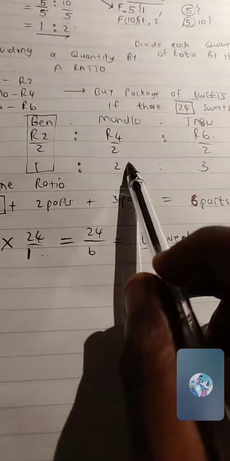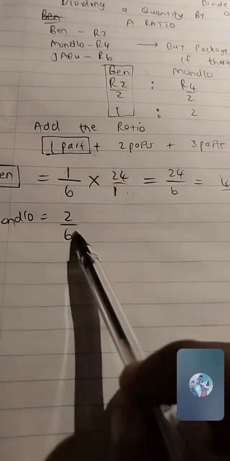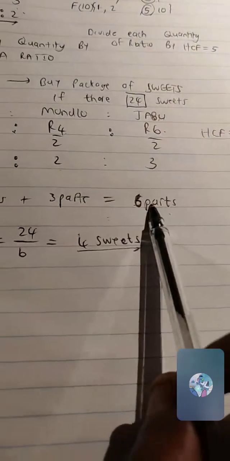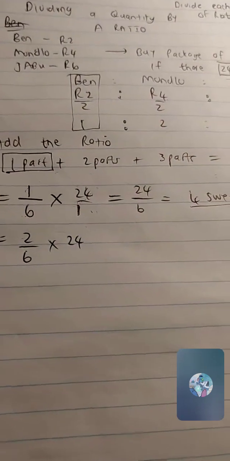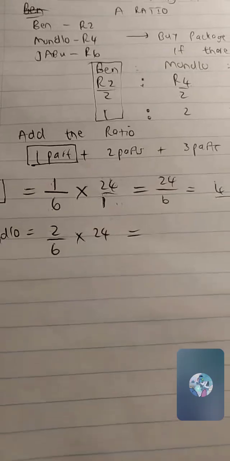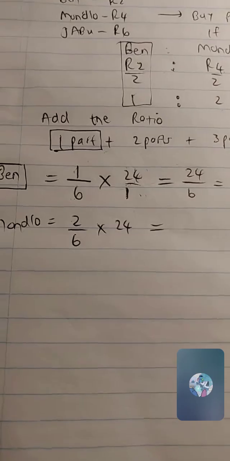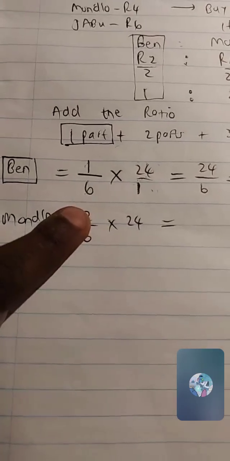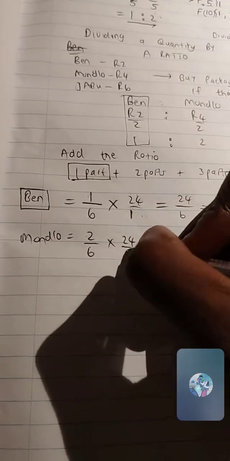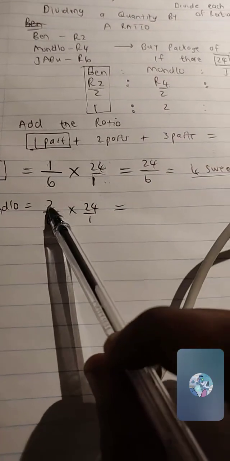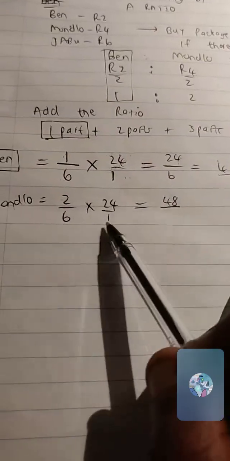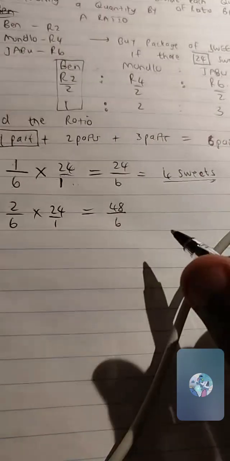We take the quantity 2, divide it by the total number of parts, which is 6, then multiply by the 24 sweets, so that we can see how many sweets Mondlo received. So we're going to do the same thing: 2 over 6 times 24 over 1. We multiply the 2 by the 24, that gives us 48. 6 times 1 gives us 6.